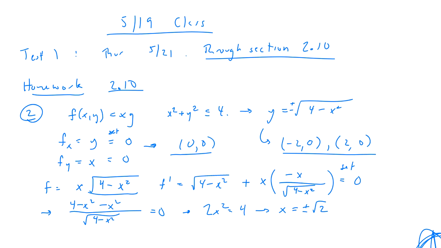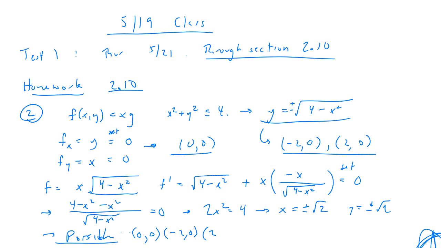And that gives us lots of possibilities, because once we get that, y is equal to plus or minus the square root of 2 if I plug it back into our function. And so we get our list of possibles. That's the 0, 0, the negative 2, 0, the 2, 0, and all of these.